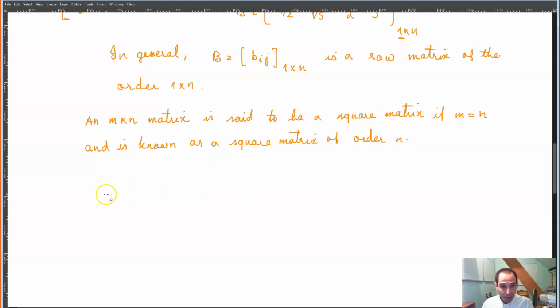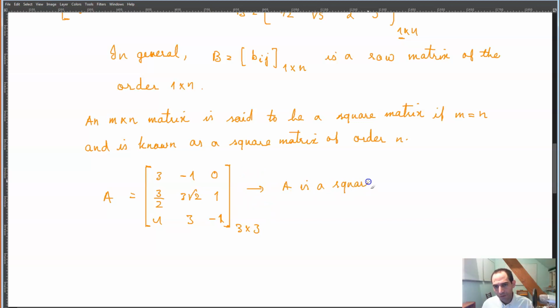So for example, if you have this matrix as 3, -1, 0, 3 halves, 3 square root of 2, 1, and then 4, 3, -1, this matrix is a square matrix. You have 3 rows and 3 columns. This is a square matrix of order 3.